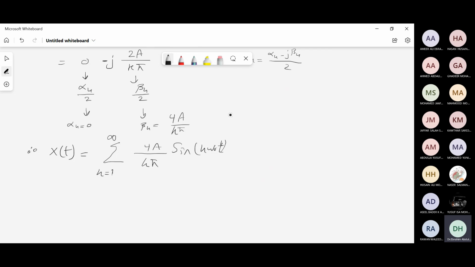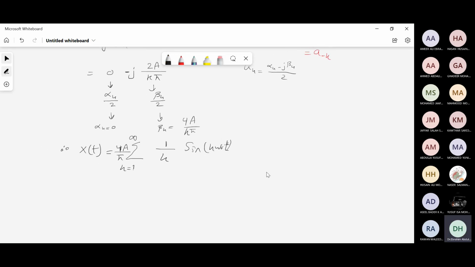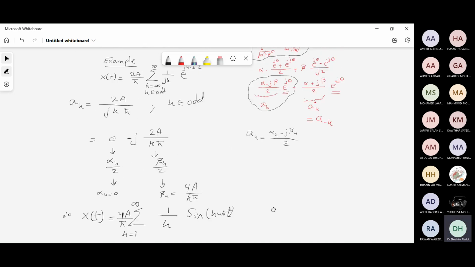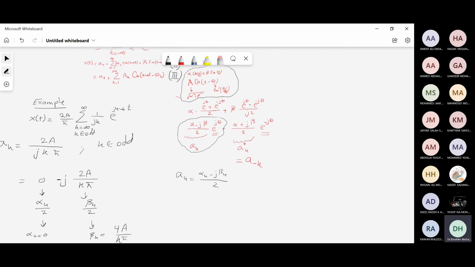Also you can take 4a divided by pi outside as a constant, so here left only 1 over k. So this is form number 2.